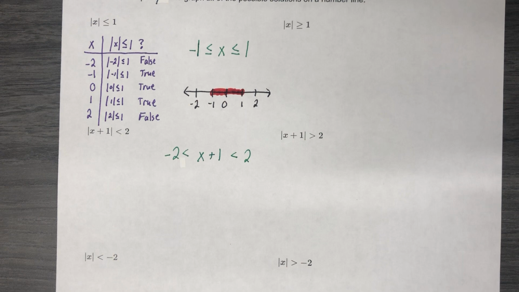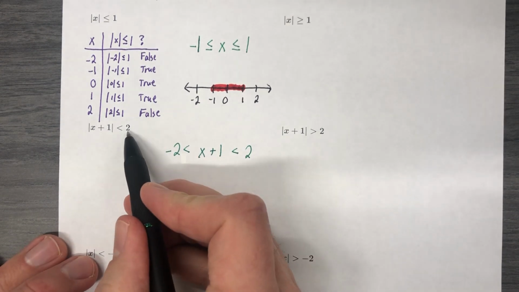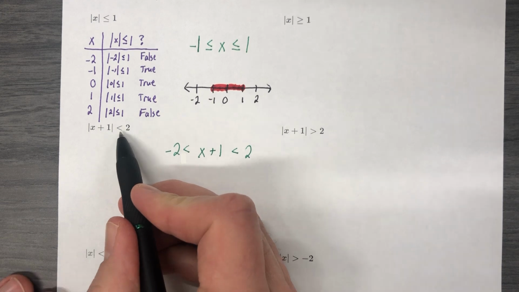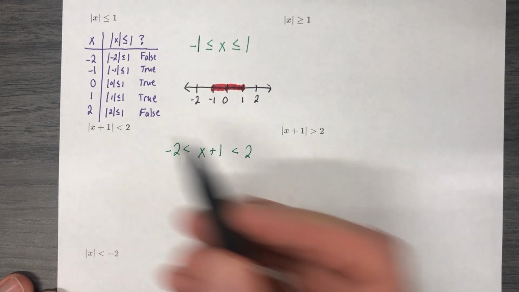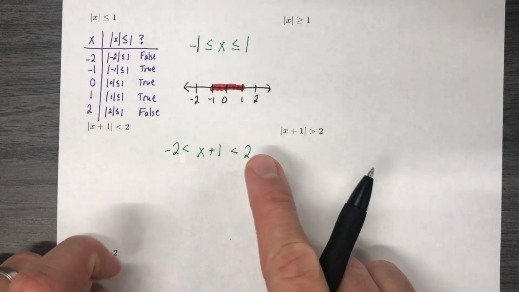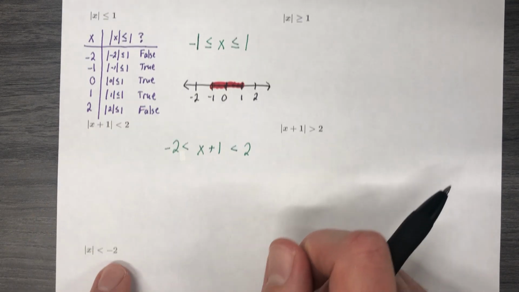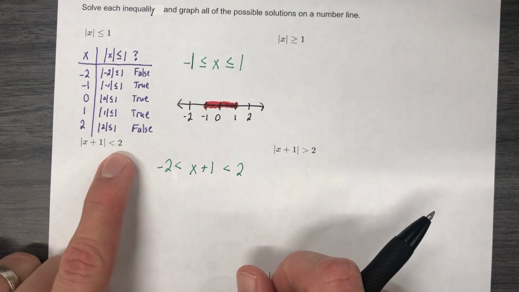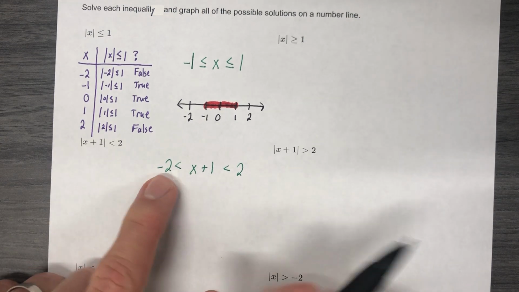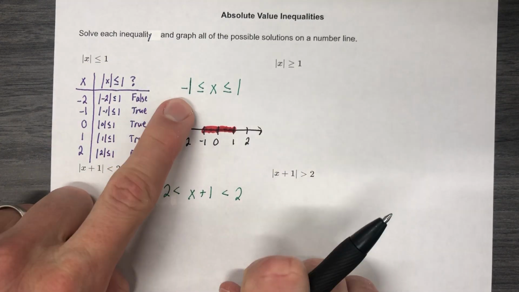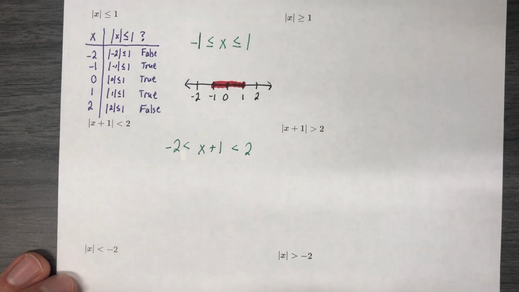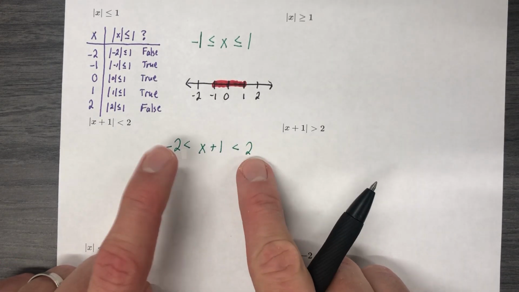And so the way I used to teach this was you're going to make a sandwich. And here's your sandwich. If you have a number here and a less than there, then you're going to make a sandwich out of that positive number. It has to be a positive number. So we're going to encounter a problem here in a second. So with this positive number, we'll do 2 and negative 2, or we'll do 1 and negative 1. And we're going to make a little sandwich out of it. So these are the slices of bread.